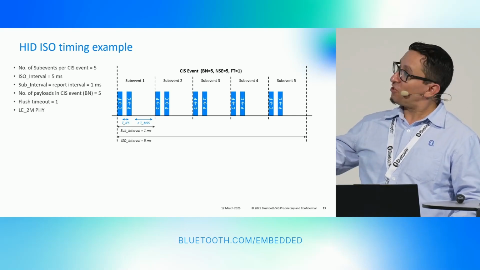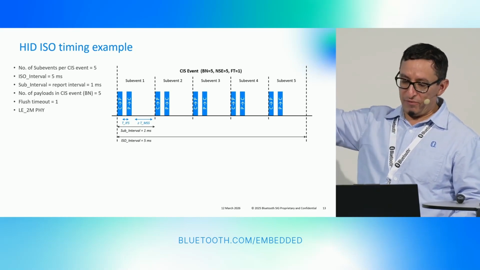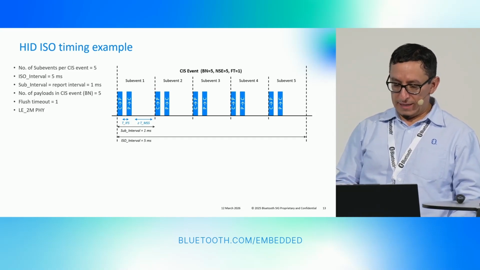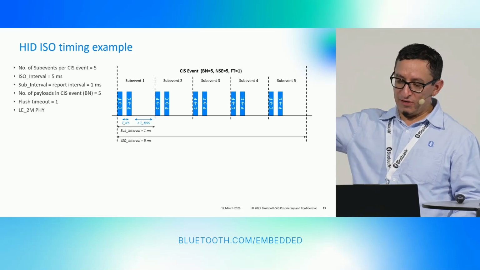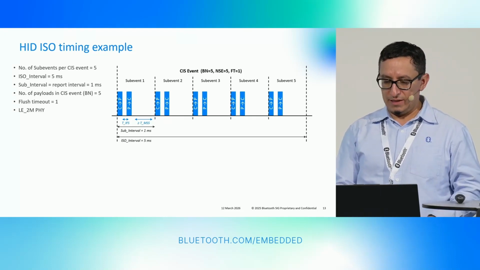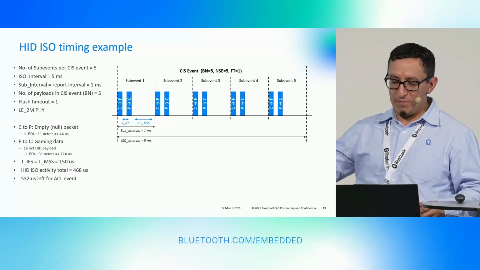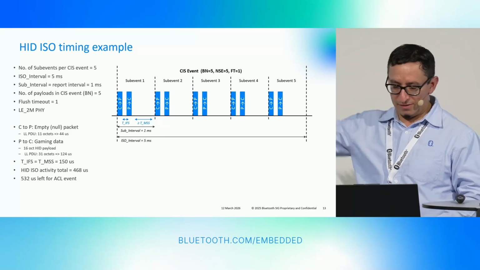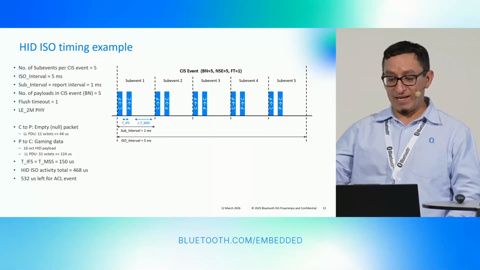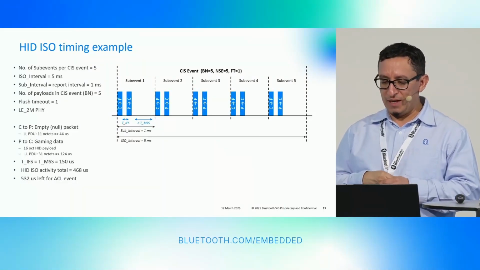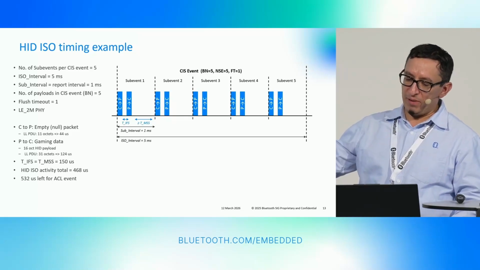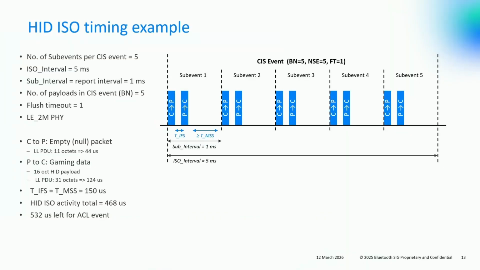If the communication between central and peripheral device consists of null packets, and between peripheral and central you're sending gaming data, you can calculate the null and gaming data packet sizes and timing based on the calculations I have there on the screen, and you will get to the calculation that once you account for interframe spacing and other things, you would require about 500 microseconds for HID ISO activity.